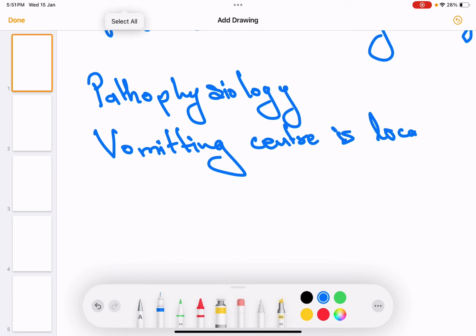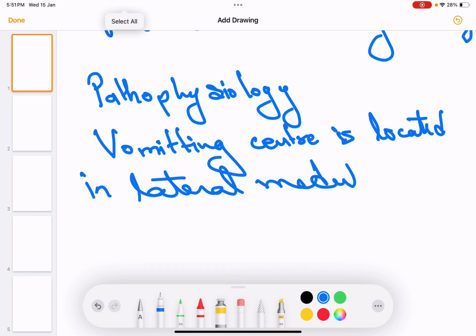That means it is located in the medulla in the brainstem.